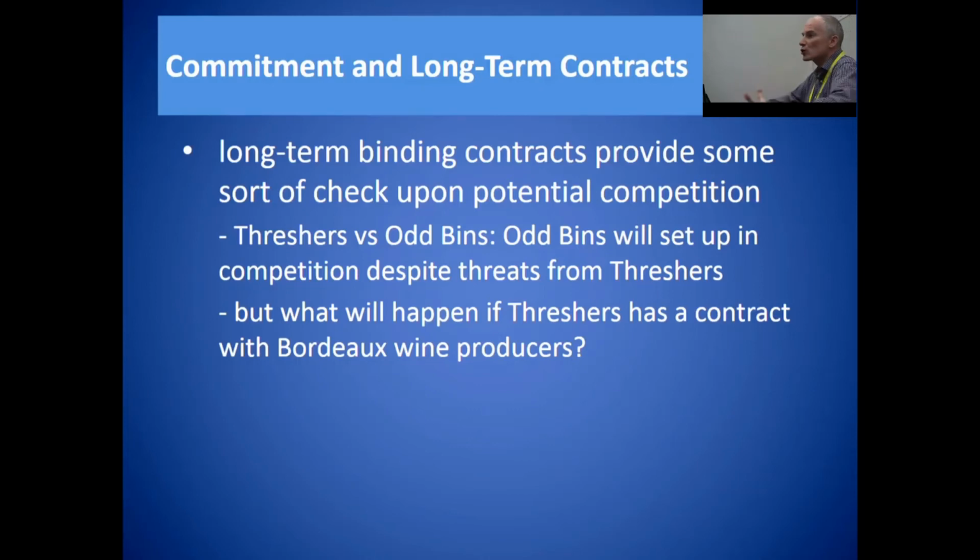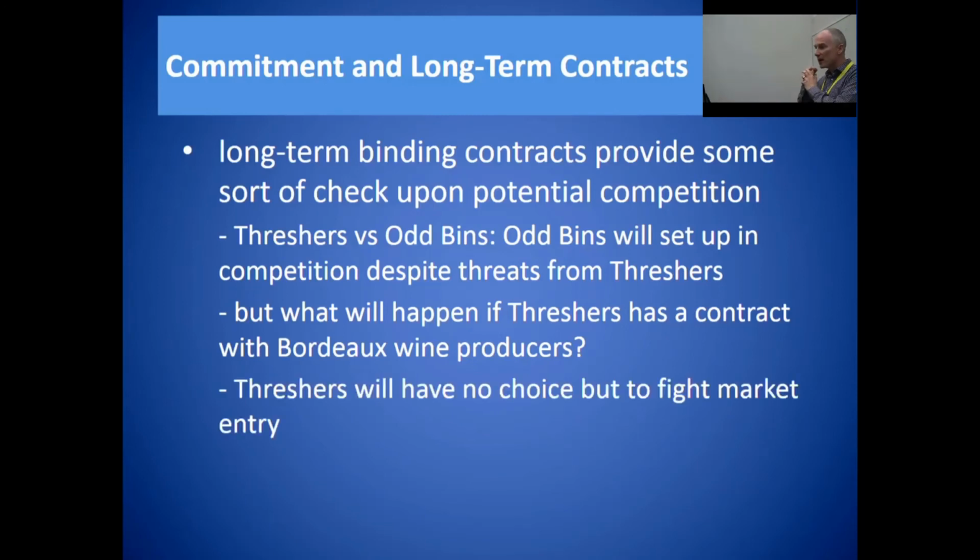Can they have stocks of wine accumulated on their shelves? Again, in terms of profitability, that's not something they can do. The only thing that they can do in order to shift this wine that they're committed to buying is to fight market entry. If they want to sell the wine, they've got to cut the price.